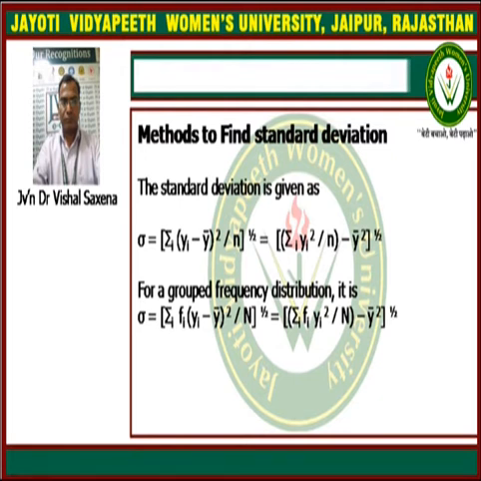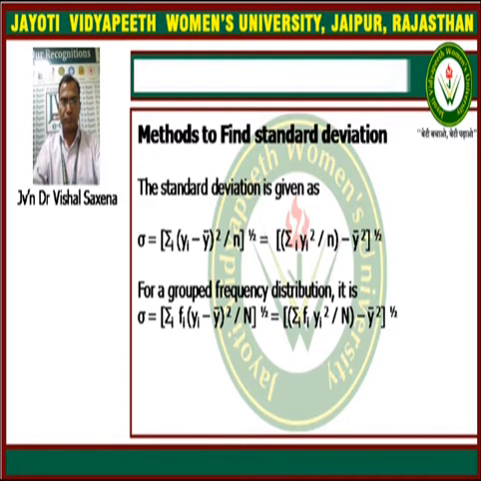The upper formula is for the standard deviation in terms of individual series, while the next formula is for the grouped frequency distribution. The standard deviation is denoted by sigma, while the variance is denoted by sigma square.